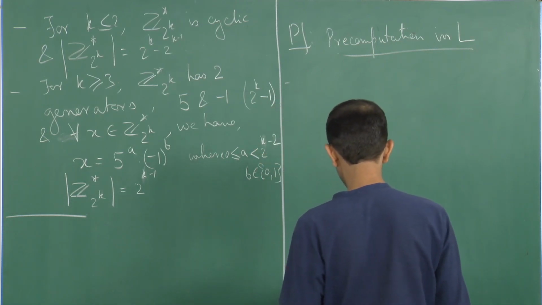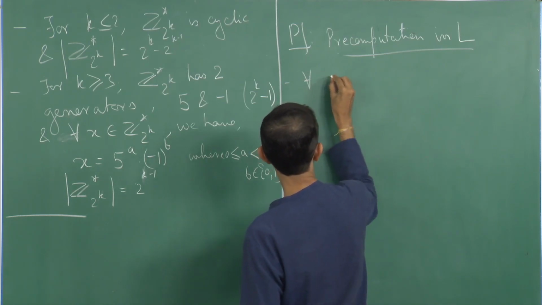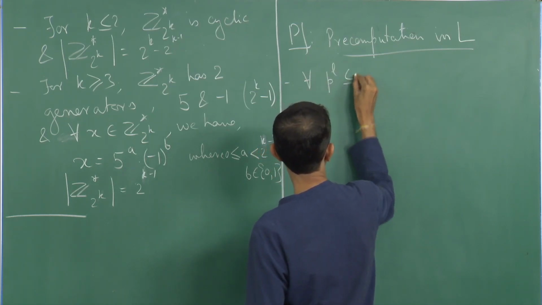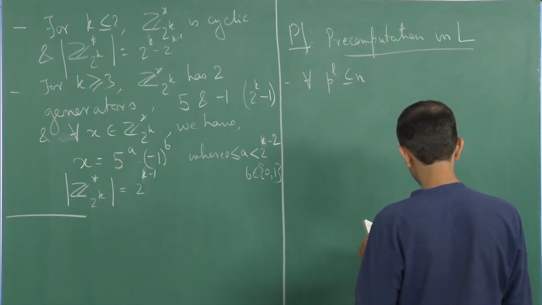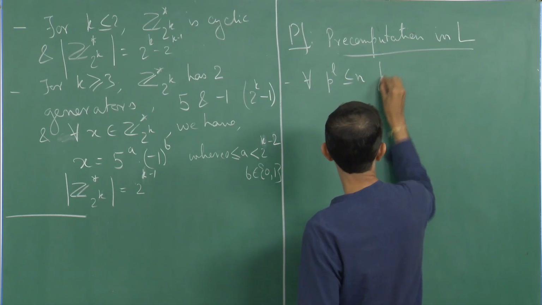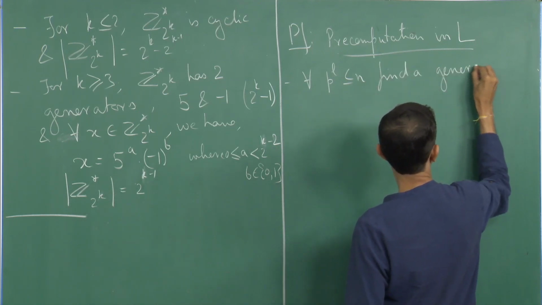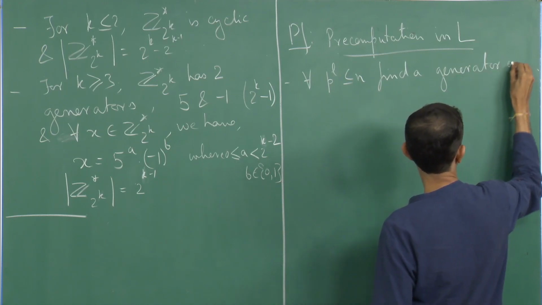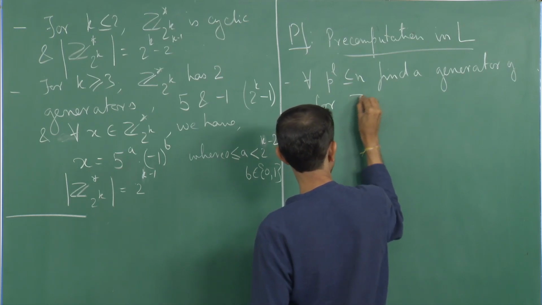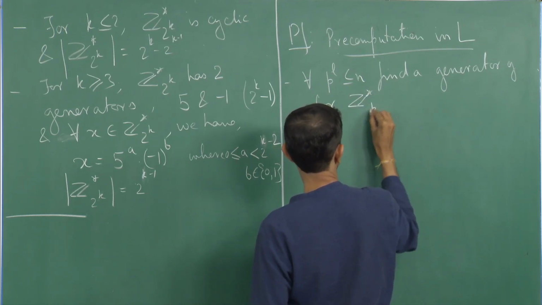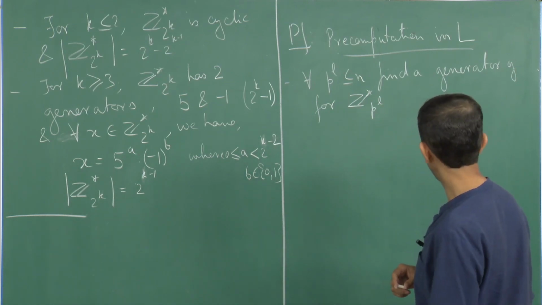So first, for each prime power less than n, find a generator G for Z star p to the power l.